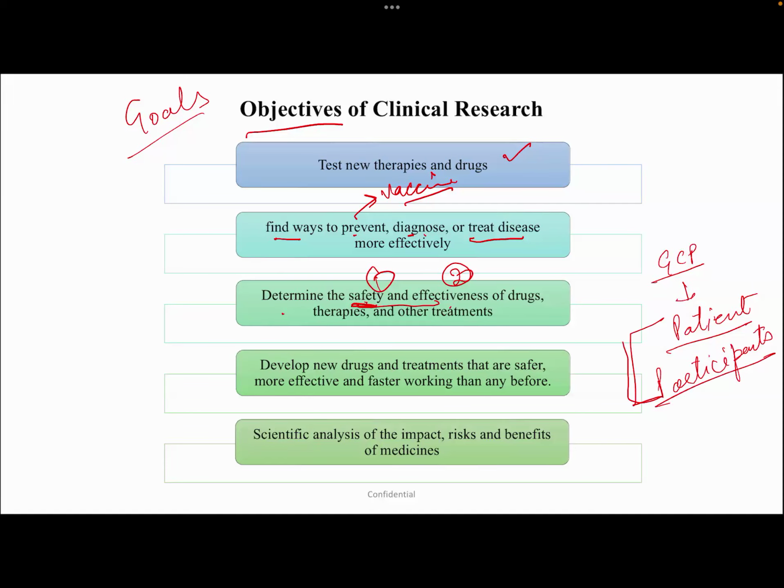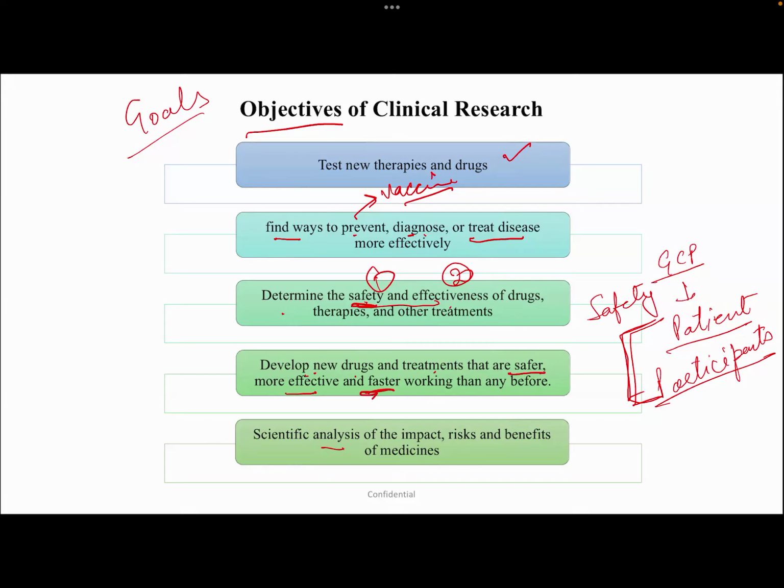When they bring their focus here, that means safety. So these are the questions you are going to face every day. The goal of clinical research is to find new drugs and treatments that are safer, more effective, and faster also.